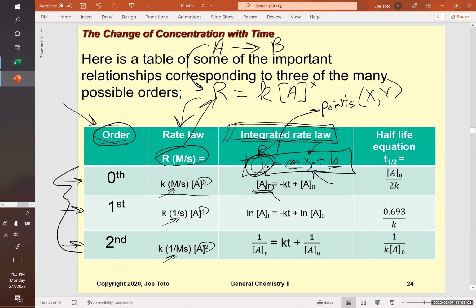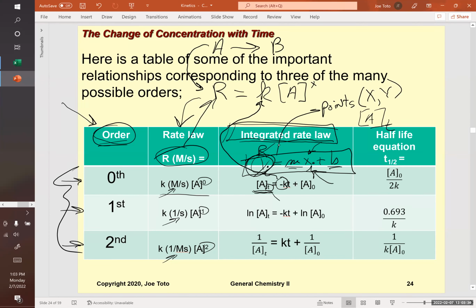So the concentration at time t is represented like we have here with A in brackets. That's to represent concentration in chemistry. And then the subscript t means that's the concentration at that time. Now that's found to equal minus k. k here in the integrated rate law is the same as the k here in the rate law.